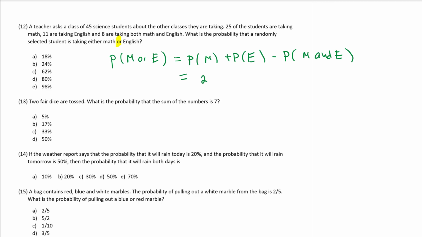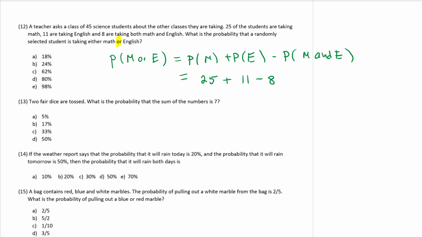So we got 25 math, 11 English, and remember that part of the 25, there are 8 of them who are taking both, and part of the 11, there are 8 that are taking both. So in reality, when we add 25 to 11, we're counting the same 8 students twice. So that's why you have to subtract 8 once to get the correct count for successes.